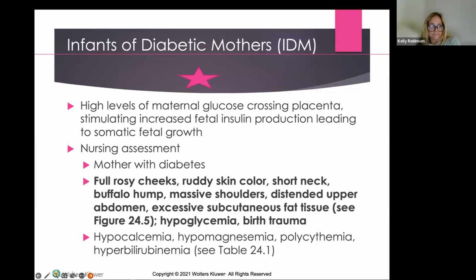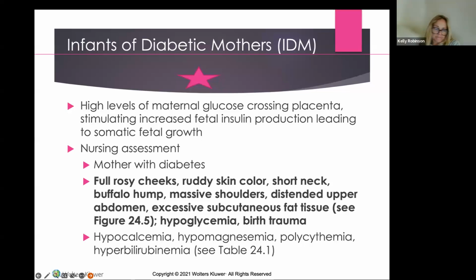And diabetes itself also poses other risk factors to the newborn, even if it is controlled, because of the pathophysiology behind it. But it's your typical poorly controlled, undiagnosed diabetic mothers where you'll see this type of assessment on the newborn, and/or renal abnormalities, cardiac abnormalities. So this is your poorly controlled diabetic mother here.